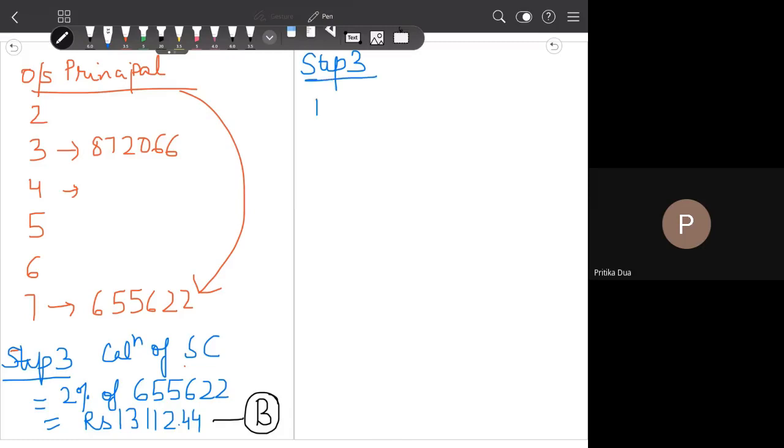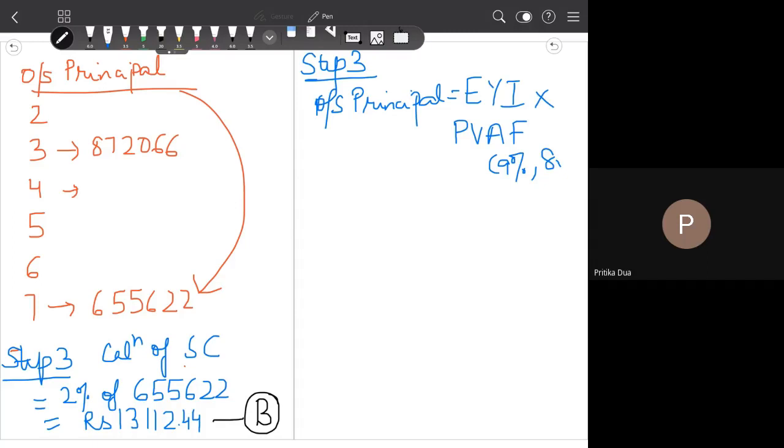The outstanding principal is equal to EYI into PVAF. Now this will be 9% for 8 years. This value is 5.535, and outstanding principal you already know.